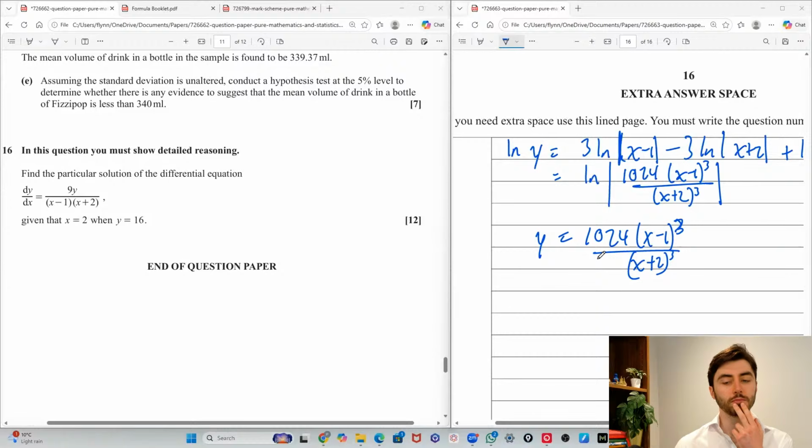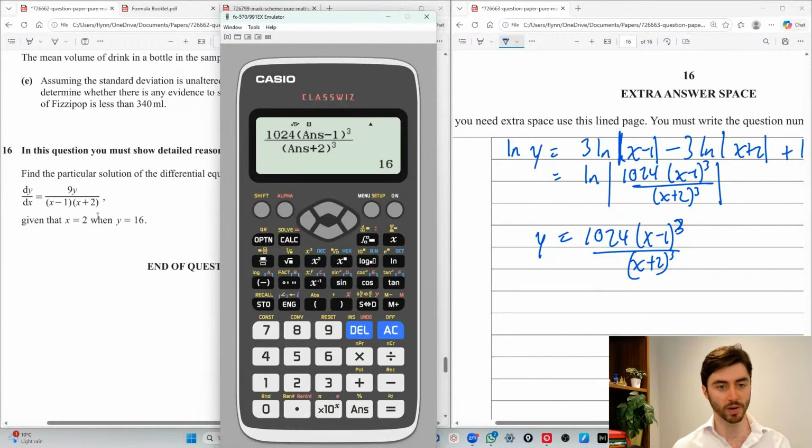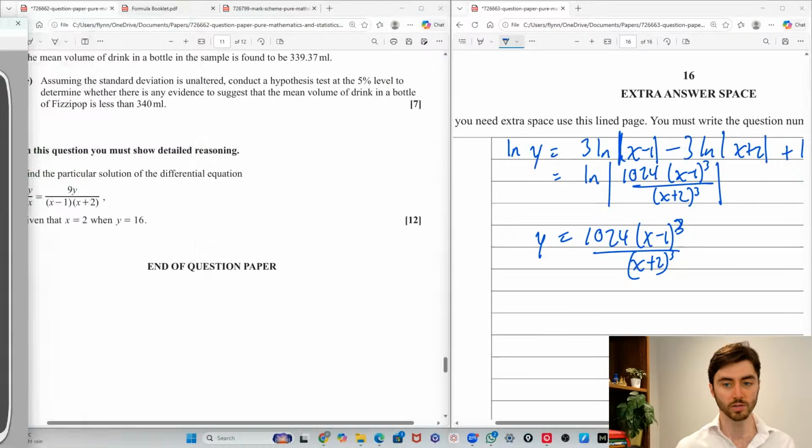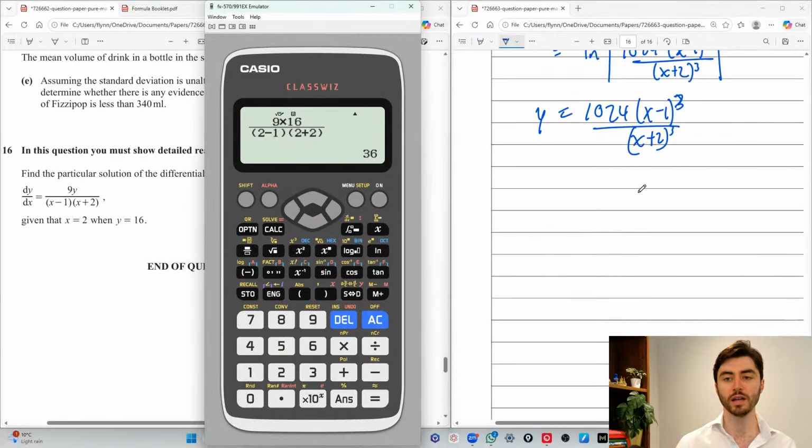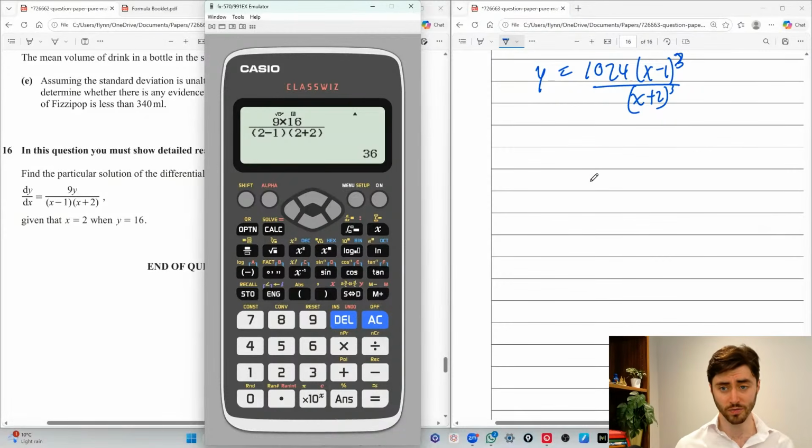I'm going to plug these numbers back in and confirm I get the same dy dx. So here, 9 times 16 all over 2 minus 1, 2 plus 2, 36. So the gradient should be 36. Let me try and get a dy dx from this and confirm that it is also equal to 36, and then I know I'm right.